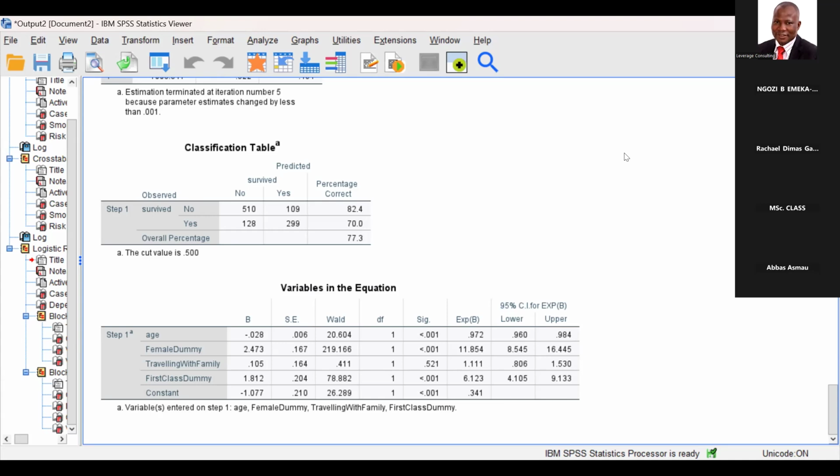Anyone that is primary, put 1, everything else 0. Secondary, anyone that is secondary, you put 1, everything else 0. Tertiary, anyone that is tertiary, you put 1, everything else 0. That's the way to create a dummy. You get it now?